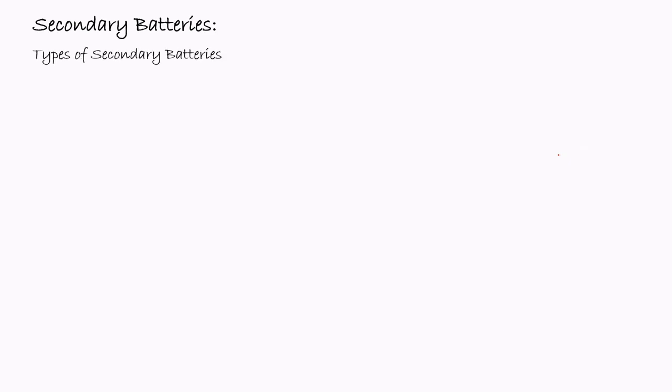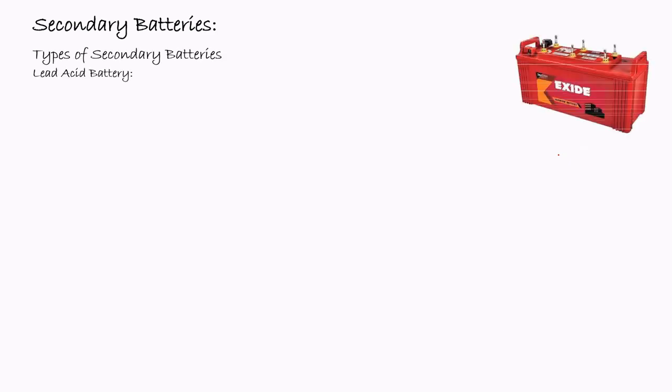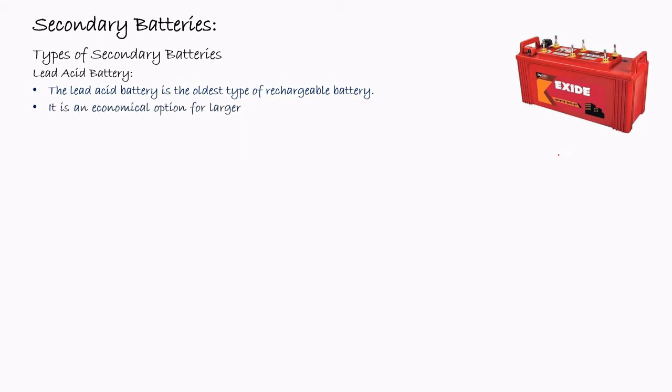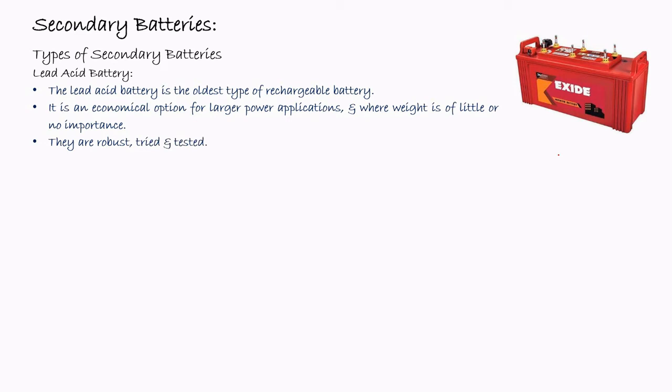Next type of the secondary battery is the lead acid battery. It is a very popular battery that is used with inverters in household applications. This is the oldest type of rechargeable battery. It is an economical option for larger power applications and where the weight is of little or no importance. They are robust, tried and tested.